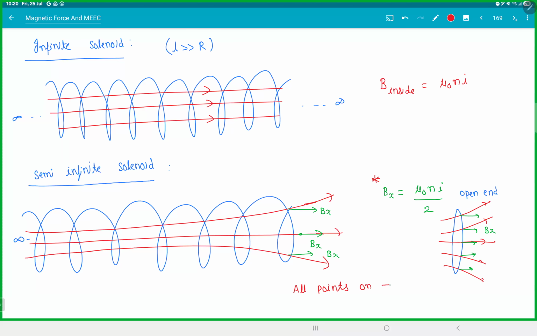All points on the open end have the same horizontal component of magnetic field. The magnetic field is different at different points, but the horizontal component is the same. Clear with this?